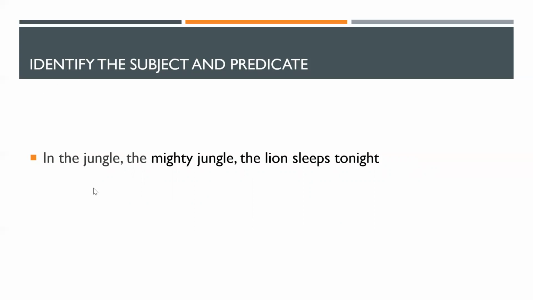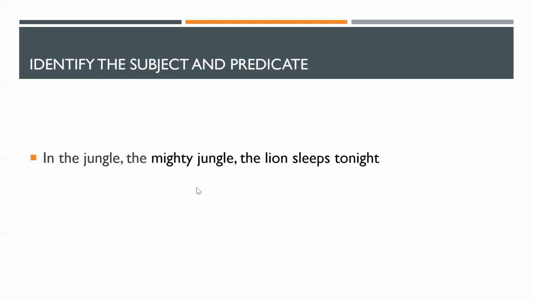You have in the jungle, and then what kind of jungle? The mighty jungle. Okay, what happened? The lion sleeps tonight. So in the jungle, the mighty jungle, as we have this double comma, it will be one unity with the in the jungle, because the mighty jungle is the additional information about the jungle.